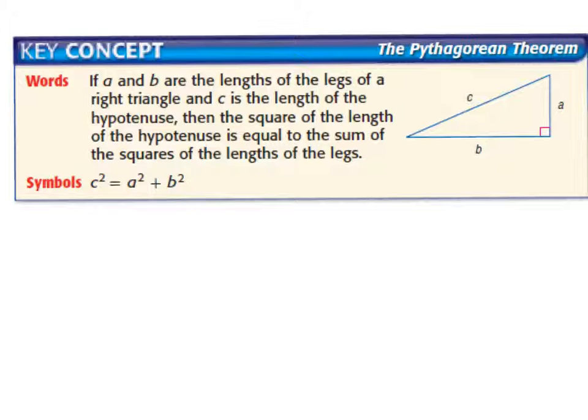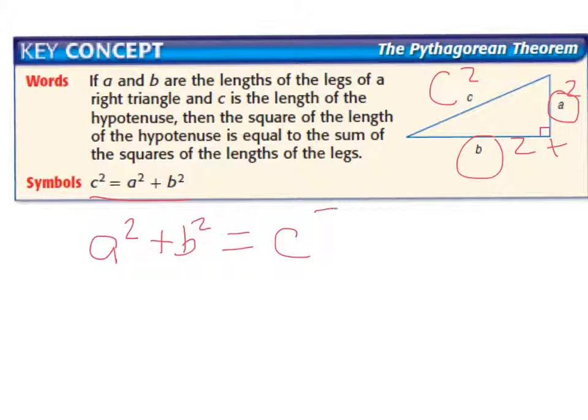The Pythagorean theorem basically says that the two shorter sides, A and B, when those are squared and added together, will equal C squared. So, the book tends to use C squared equals A squared plus B squared. We also might see it as A squared plus B squared equals C squared. And knowing that fact, we can use this to solve a variety of problems.